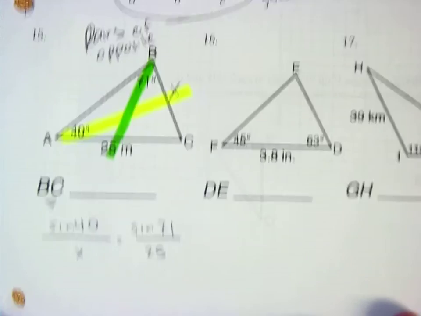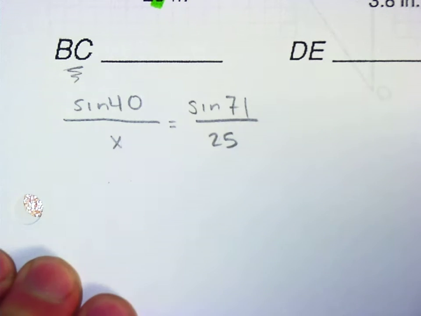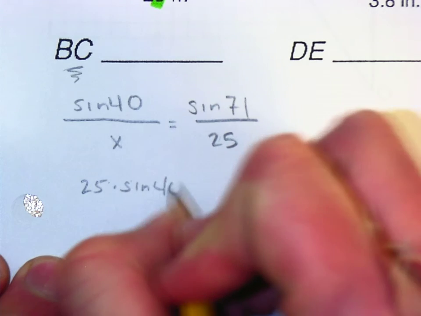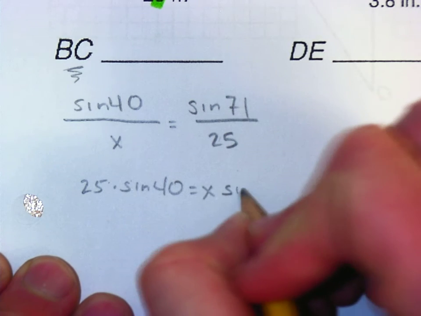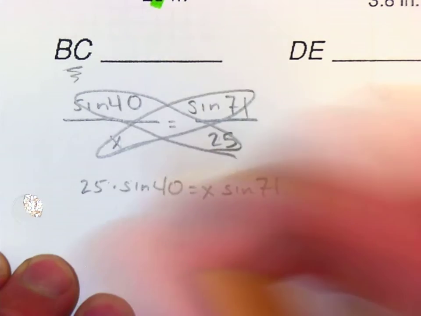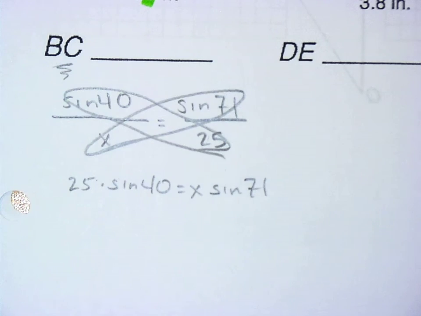So now that we've set up our formula here, using our pair of opposites, all we need to do is cross multiply and solve. So 25 times the sine of 40 equals X times the sine of 71. All right, so we cross multiply. Great, that's a great start.